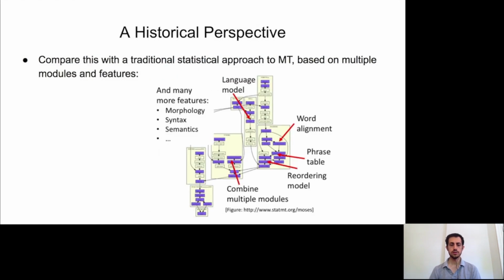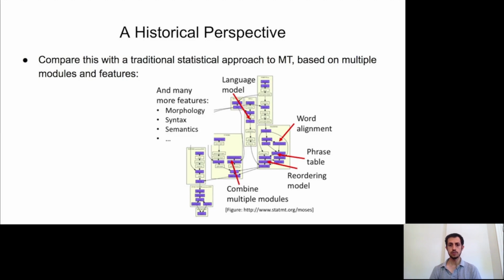Now, contrast this with a more traditional, or at least up until a few years ago, state-of-the-art statistical approach to machine translation, which is based on various different modules and features. This is a diagram taken from Moses, a phrase-based MT system.